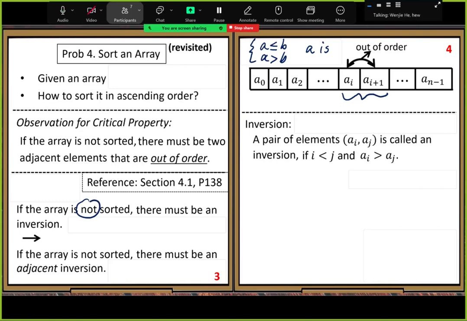A little harder to see. How to see it? Let's apply the contrapositive method. You know the contrapositive method, right? This thinking is also important in problem solving. Okay? Contrapositive method.